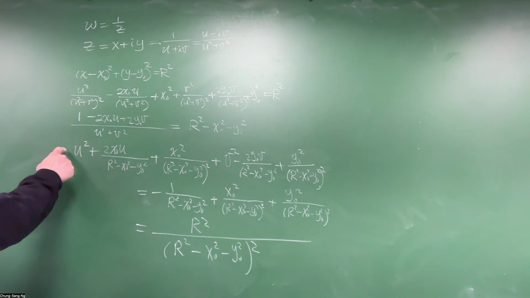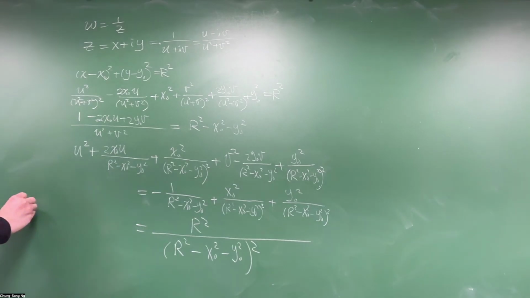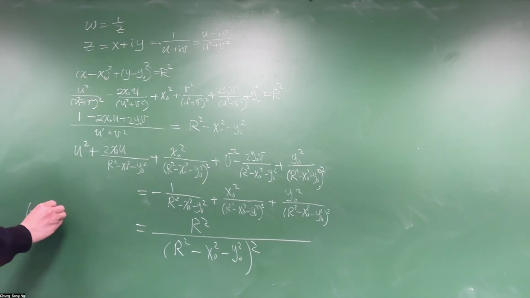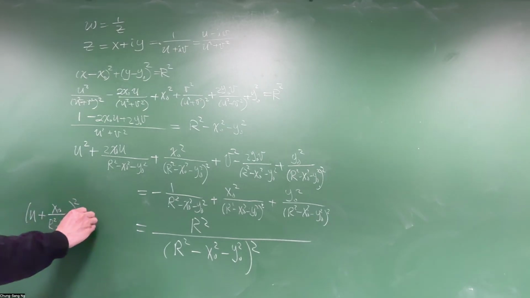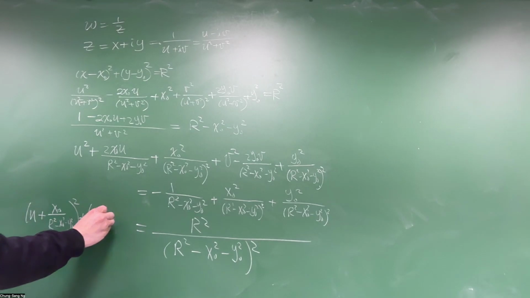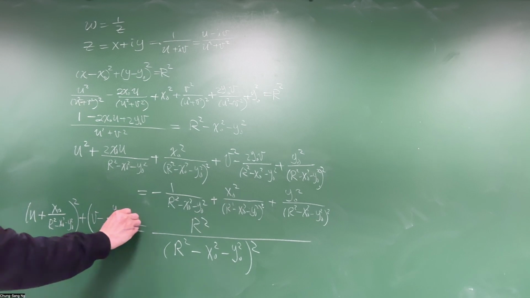And these two you can just write them easily. This is u plus x0, minus x0 minus y0 v minus, let's see, minus twice square.